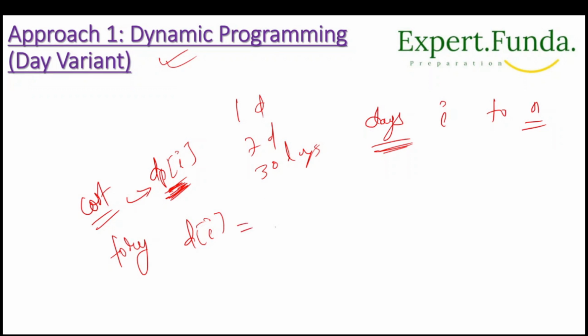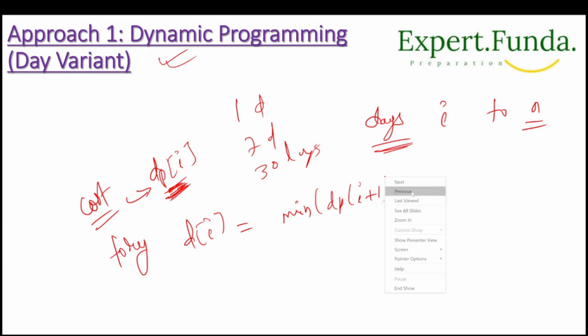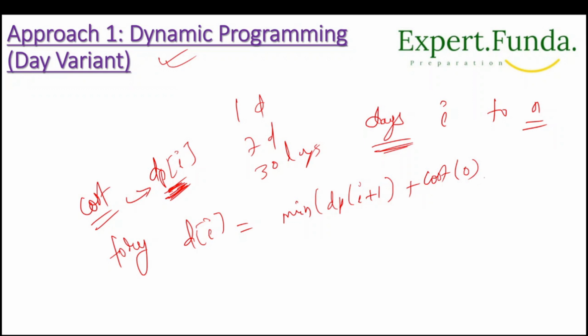And it will become a minimum: dp of I plus 1, plus the cost at 0, this one.